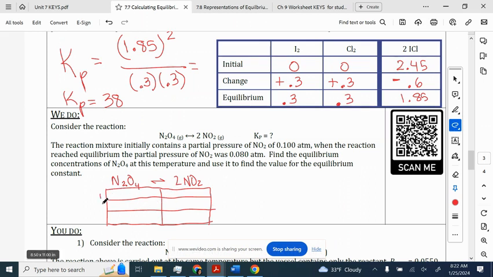All right. ICE, baby. Okay. We have the reaction mixture initially contains a partial pressure of NO2 of 0.1 atm. So I'm going to put that right here because that was my initial pressure. When it's reached equilibrium, the partial pressure is now at 0.08.